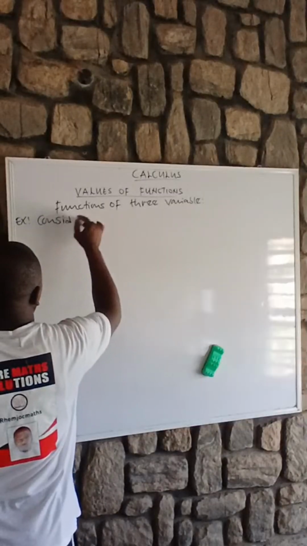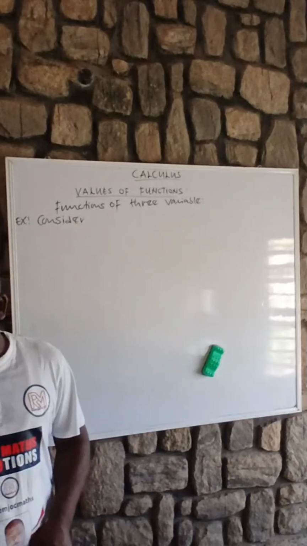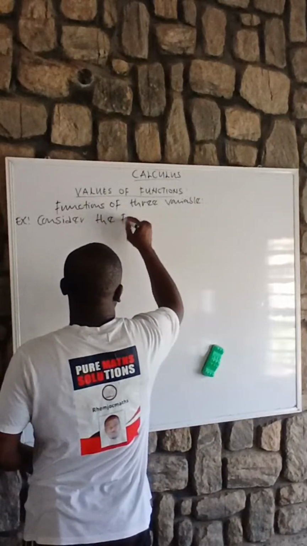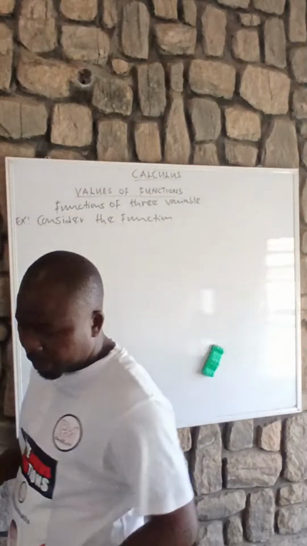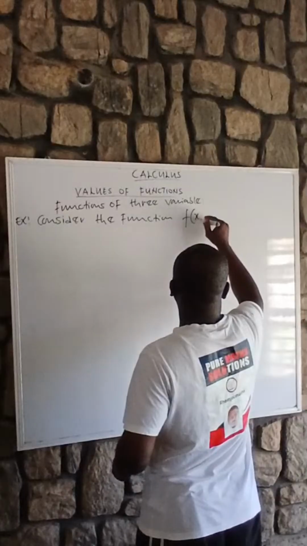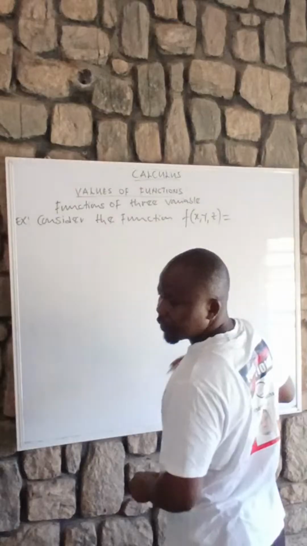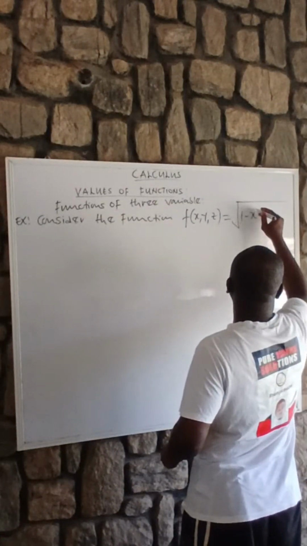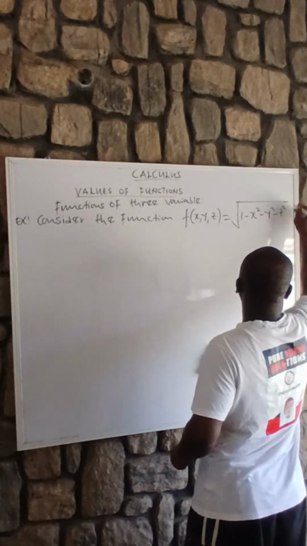Consider the function f of x comma y comma z is equal to the square root of 1 minus x squared minus y squared minus z squared.